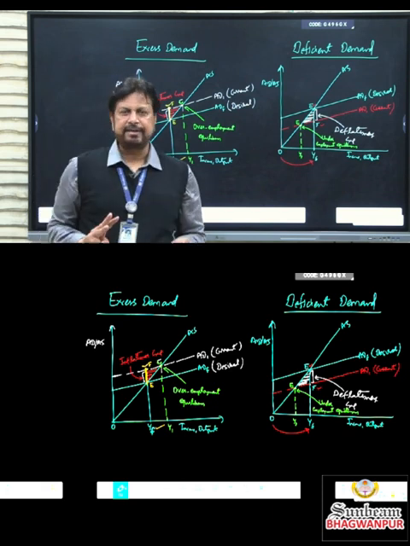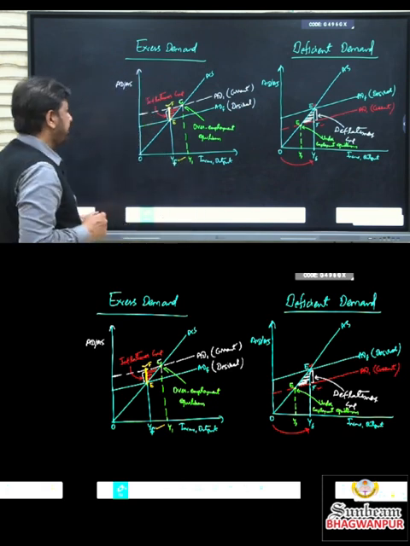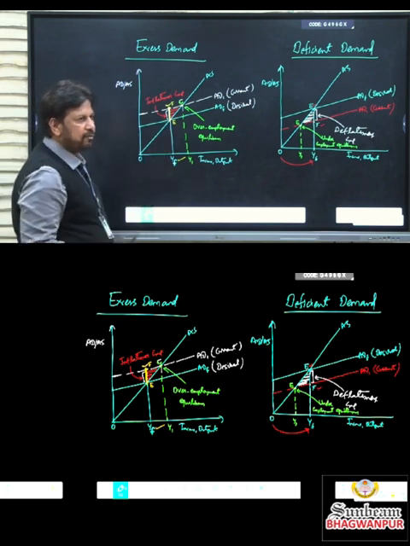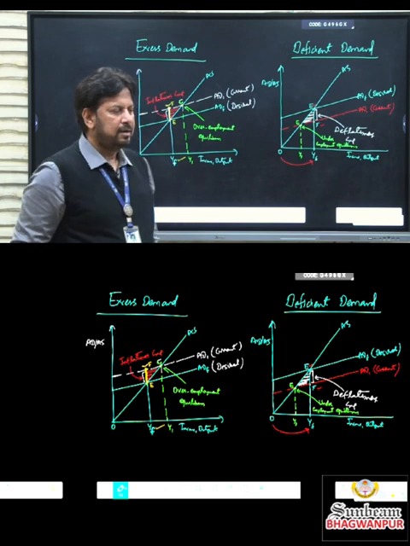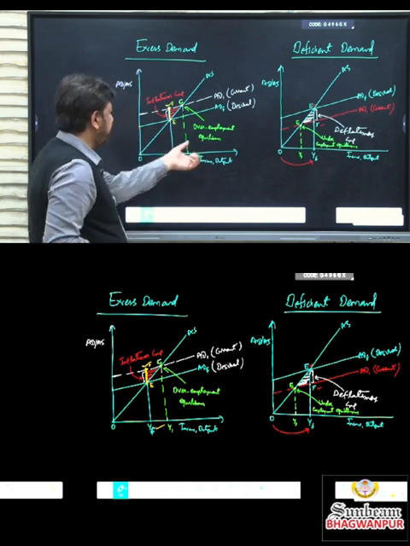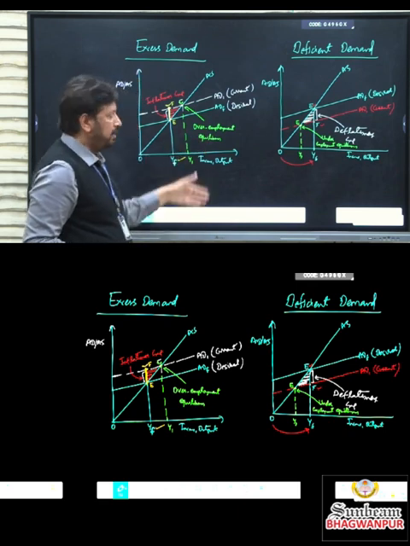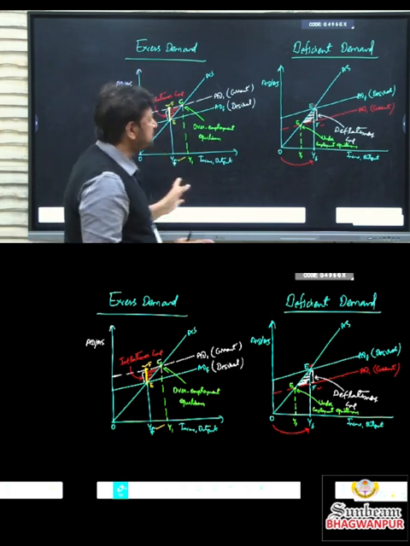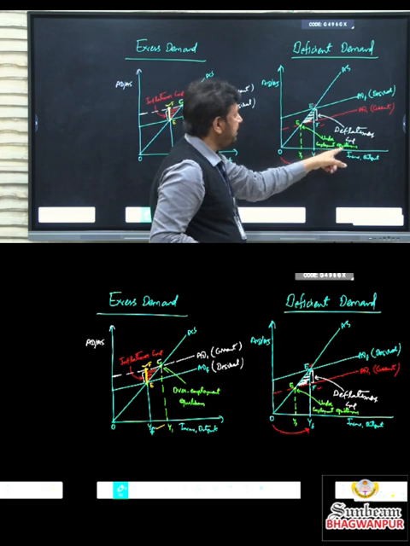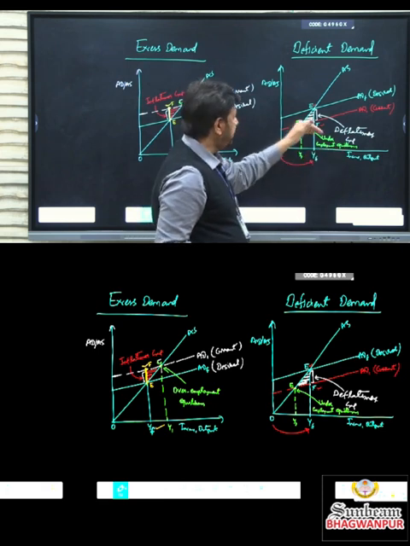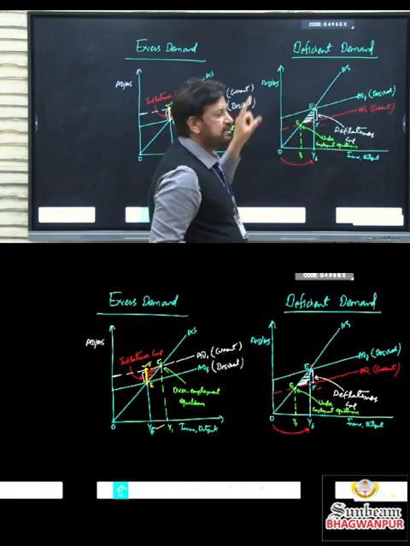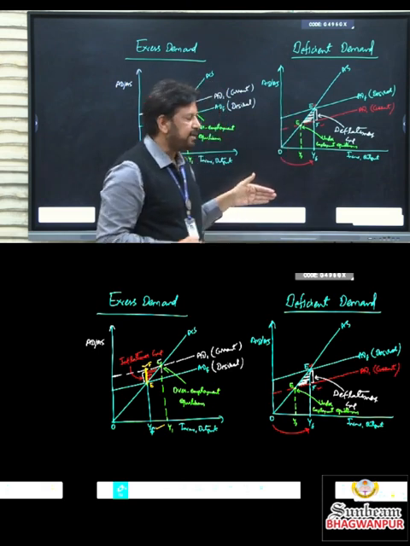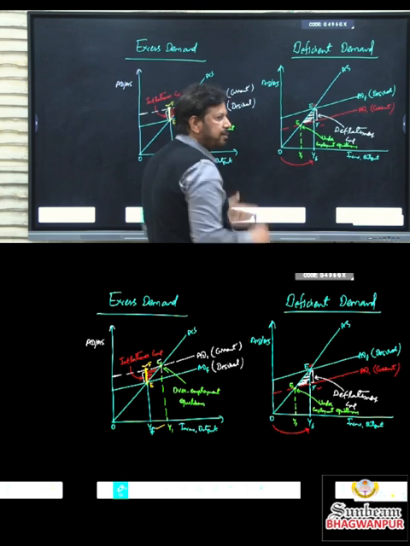There are three possibilities. First, the economy can achieve full employment equilibrium when AD and AS are equal to each other at full employment. Second, the economy can achieve overemployment equilibrium. This happens when there is excess demand in the economy. And the next one is underemployment equilibrium. It happens when there is deficient demand in the economy and equality between actual AD and AS is achieved before the full employment level of income.